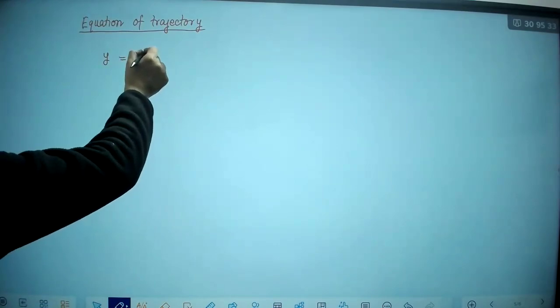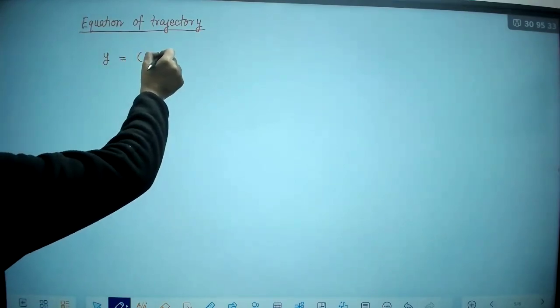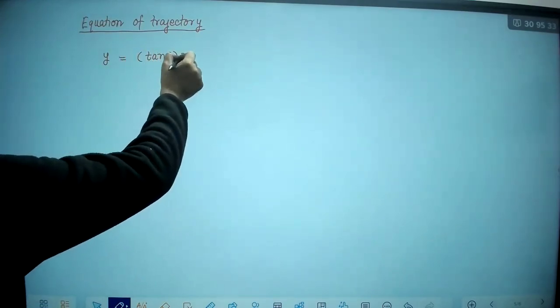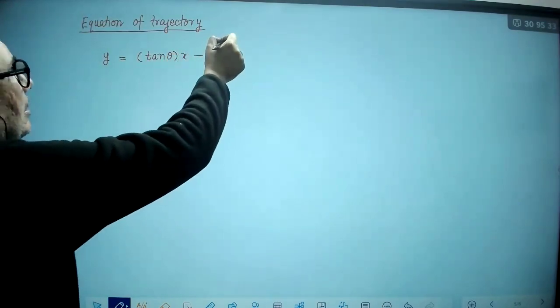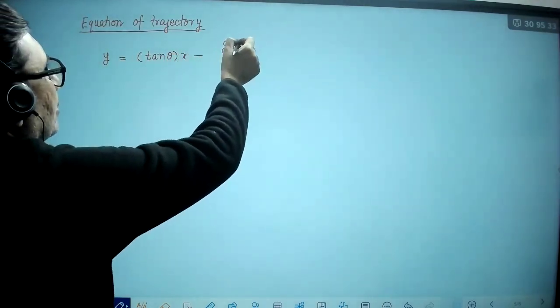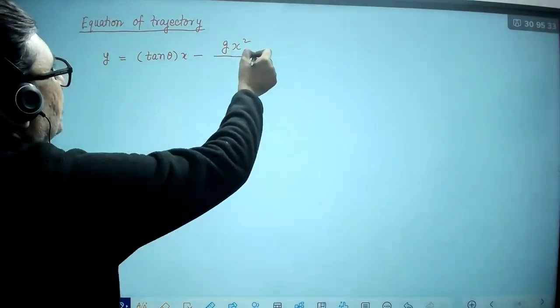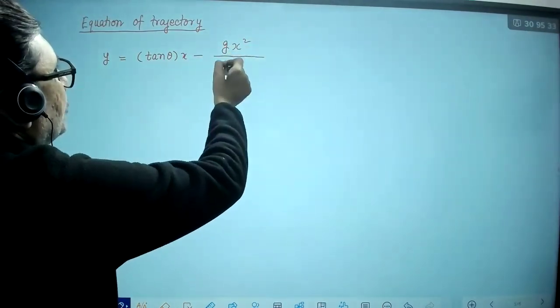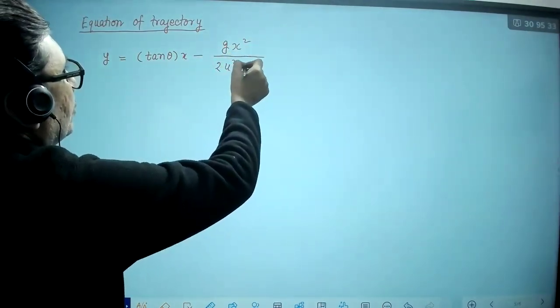What we have found is y equals tan theta into x minus g x square upon 2 u square cos square theta.